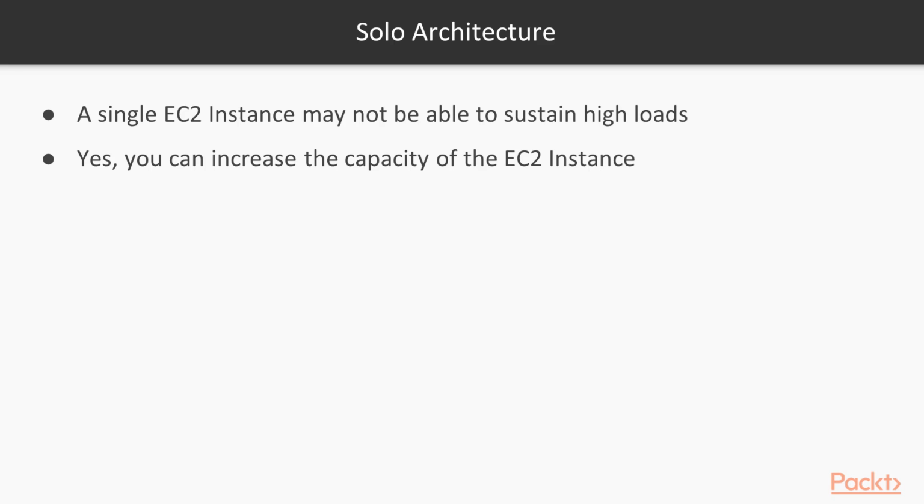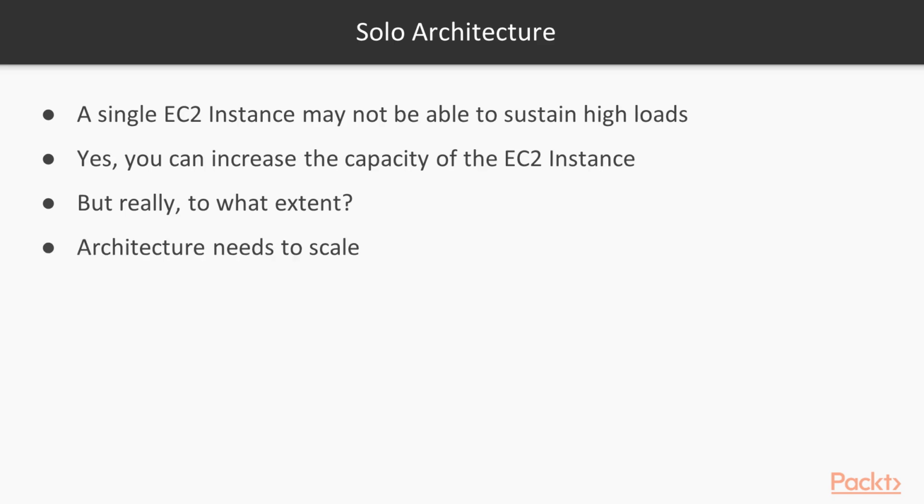So maybe you beef it up to, let's say, 8 CPU and 16 GB of RAM. You can do this, but then really to what extent can you keep on increasing the capacity of your underlying instance? At some point in time, this will also start becoming a bottleneck for your application. So your architecture basically needs to scale.